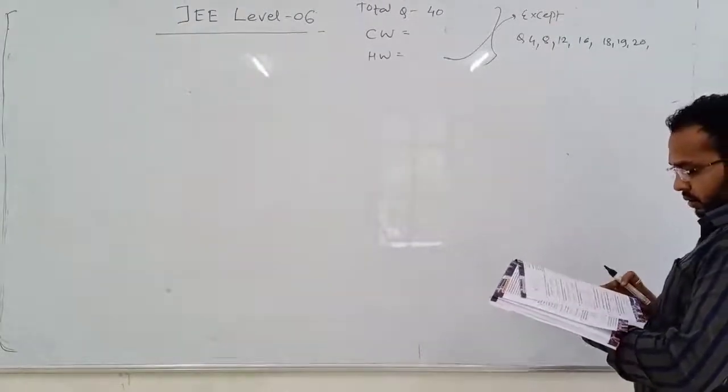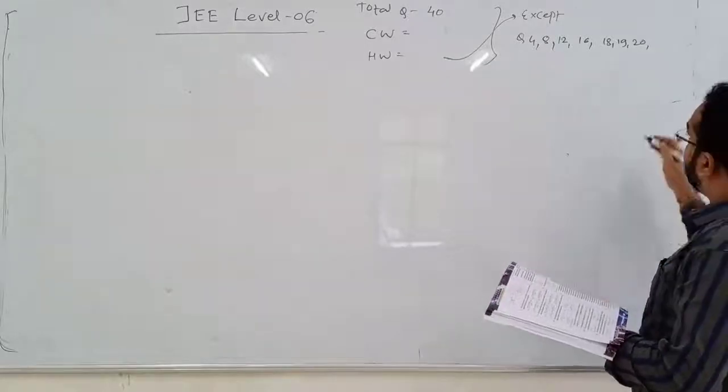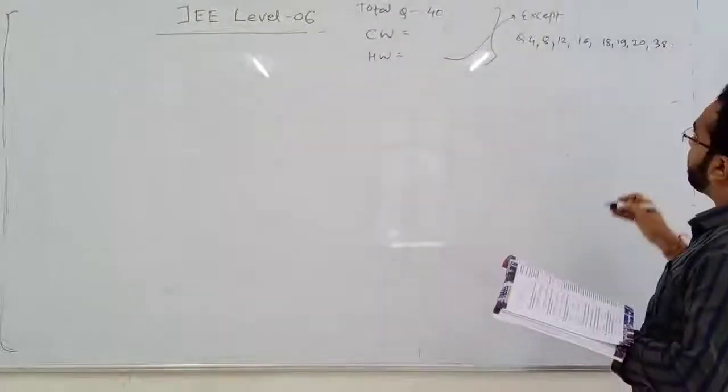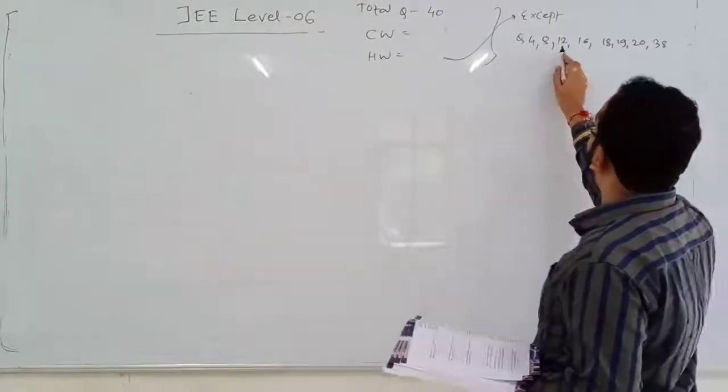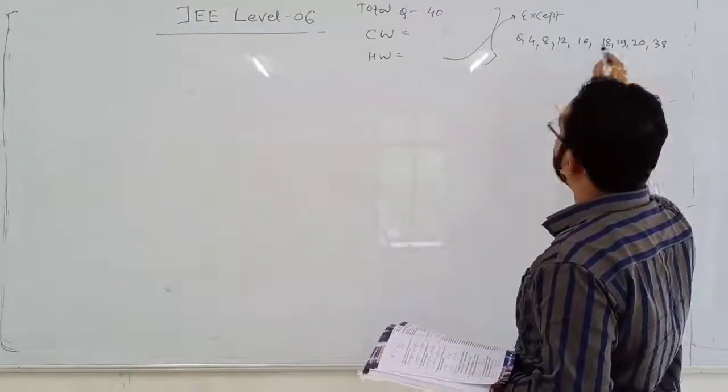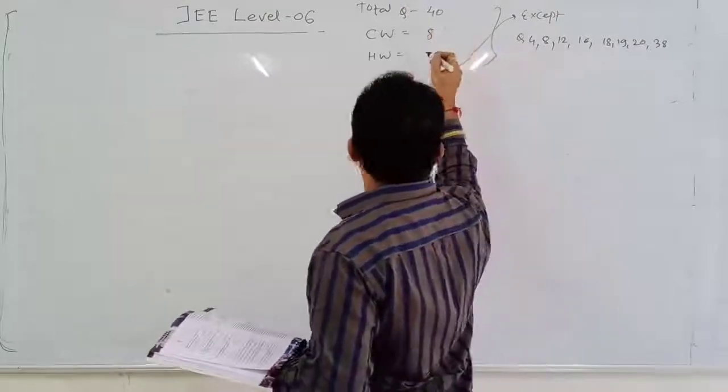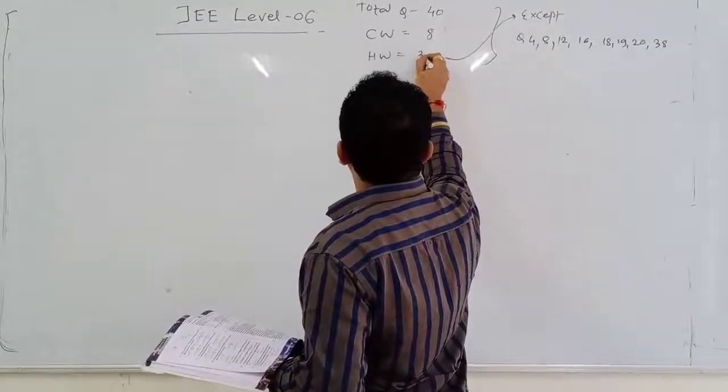After that, question number 38. Okay, so how many questions? 1, 2, 3, 4, 5, 6, 7, 8. So 8 questions I am going to do here. You have to do the remaining 30.